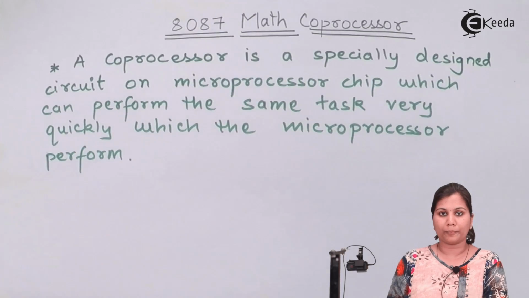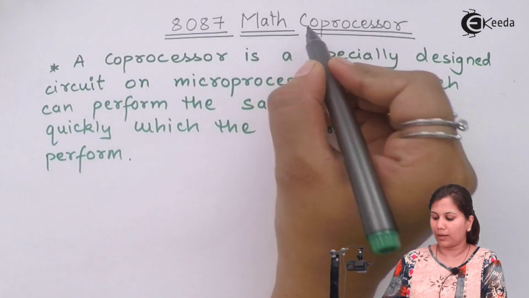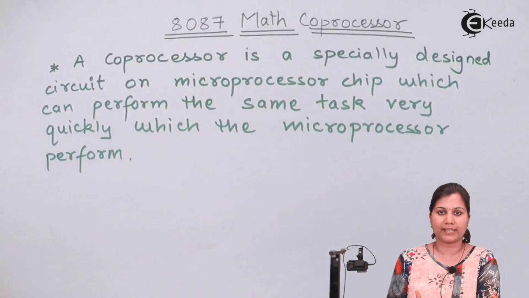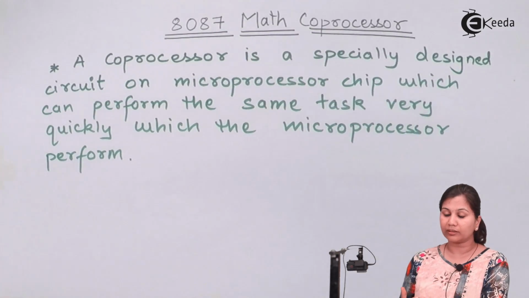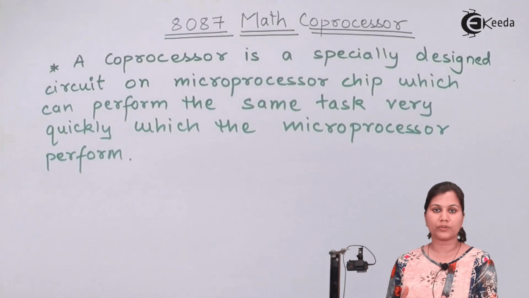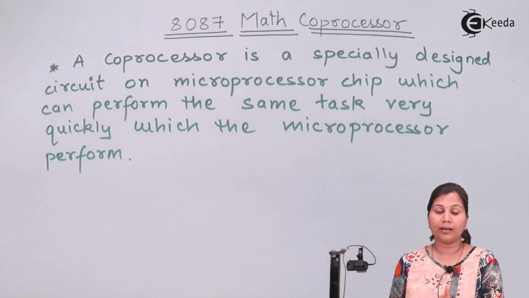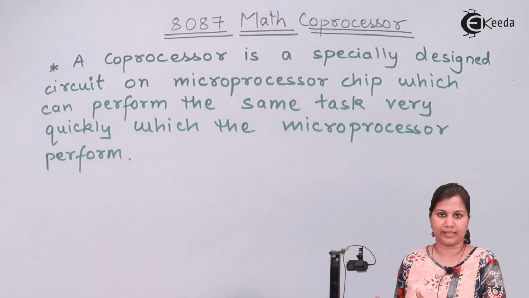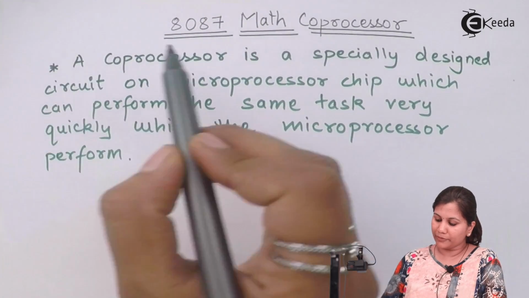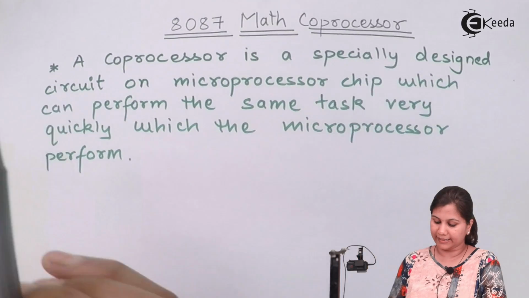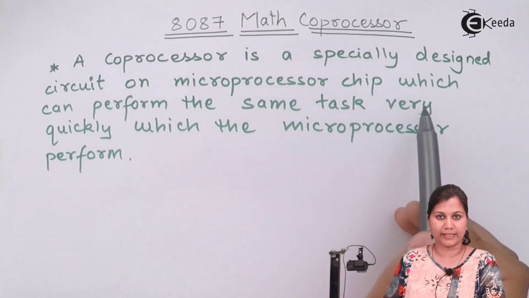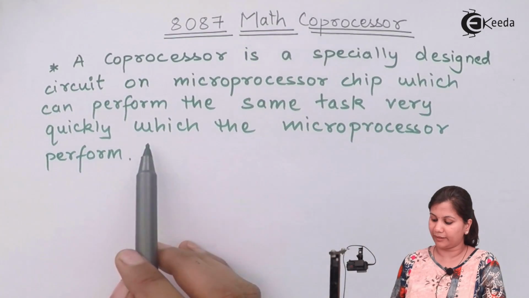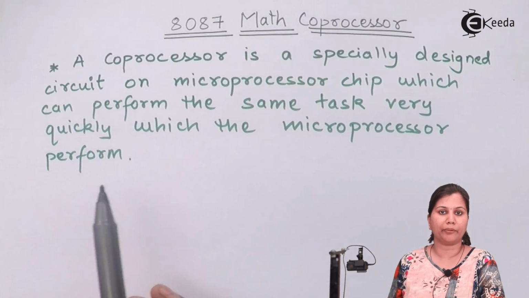By the word coprocessor, it means co and processor. A processor is a device which processes something. The coprocessor is also a type of processor, but it is not the main processor, it is a secondary processor. A coprocessor is a specially designed circuit on the microprocessor chip which can perform the same tasks very quickly which the microprocessor performs.